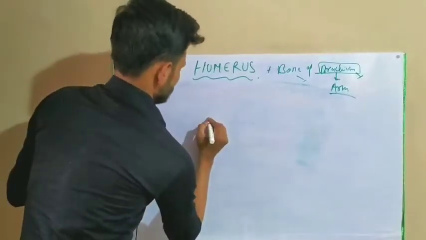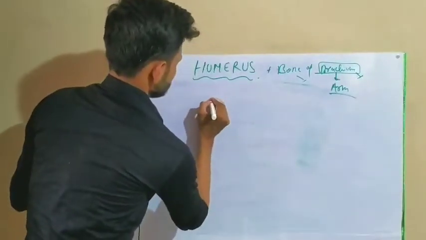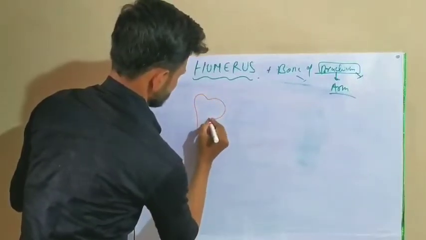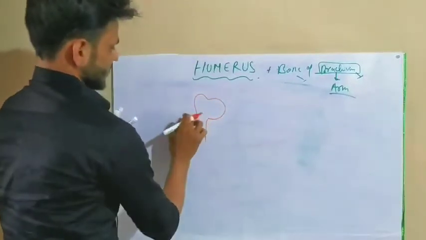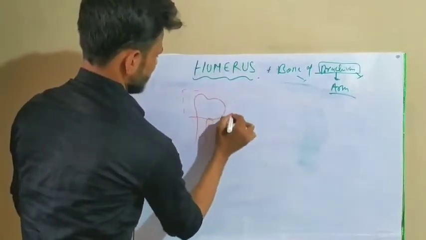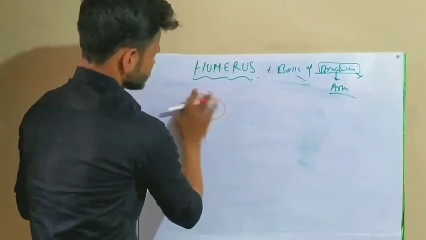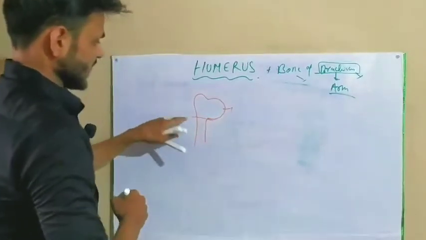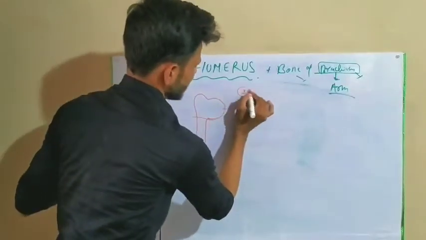If we draw the upper end of the humerus, this is our upper end. This upper end has three necks.